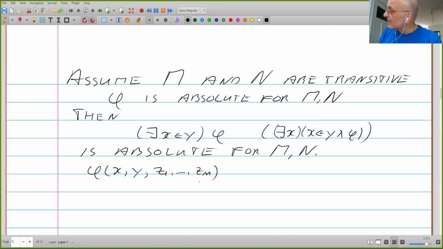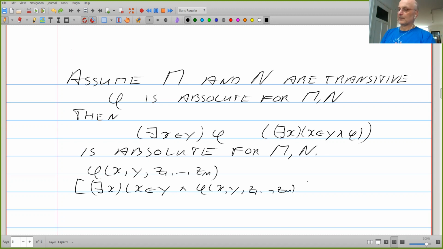And what is the relativization? What do we get when we apply the relativization to this there is an X in Y formula?